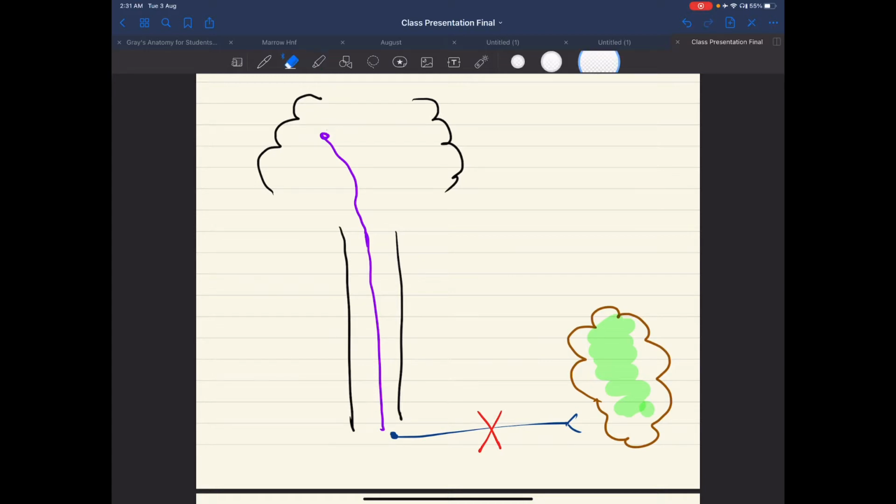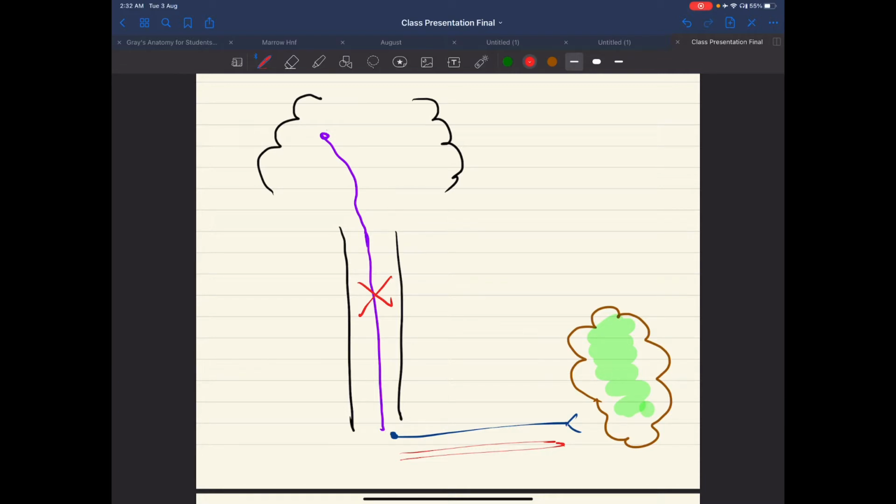On the other hand, if the upper motor neuron is injured, what is happening? The lower motor neuron has now lost its connection from the central nervous system. What will this lead to?